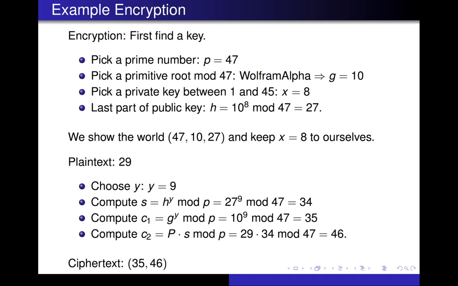We're going to start with the ciphertext and the same key. Our 47 is our prime, our primitive root is 10, and our key hider, our h, is 27. Then we're going to run the ciphertext 35, 46 backwards to get our plain text, which hopefully ends up being 29.